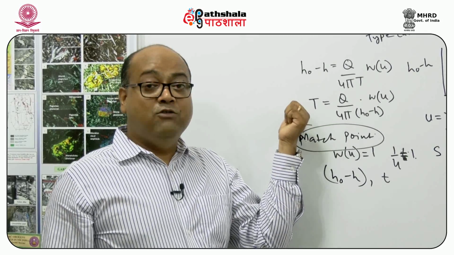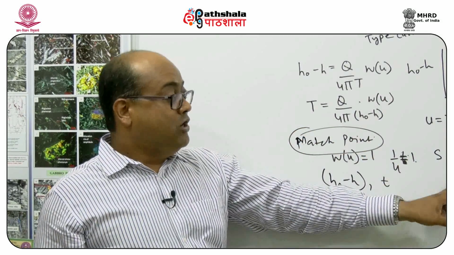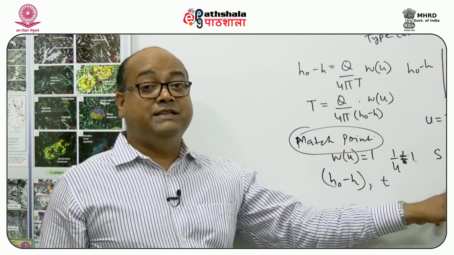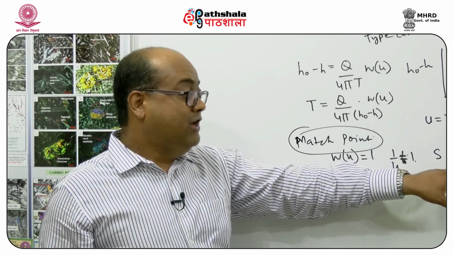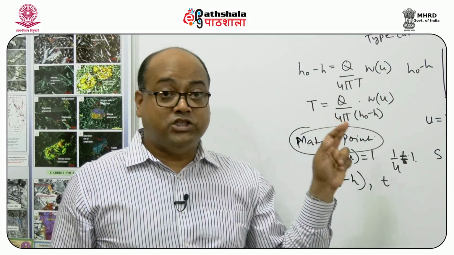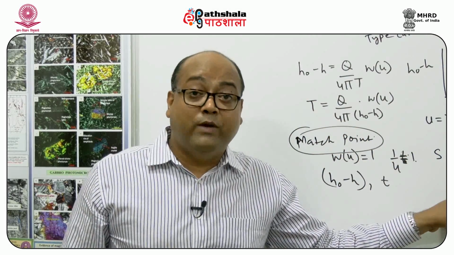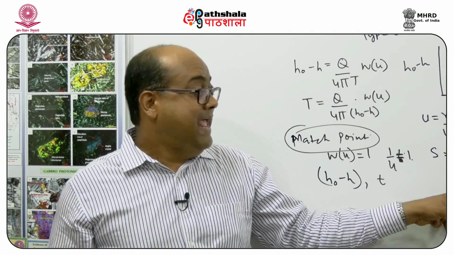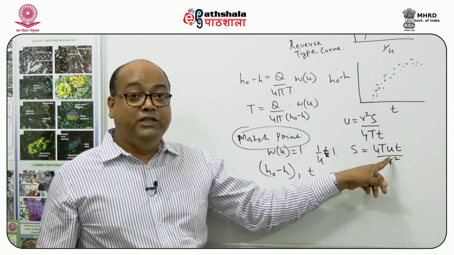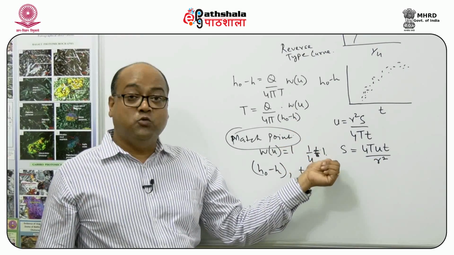Now, once we get the value of transmissivity, we can put it in this equation to estimate the value of storativity. How do we know? We know the value of T from the previous equation. We know the value of r squared, because we know the distance of the observation well from the pumping well. And we know the value of u, because 1 by u equals 1.